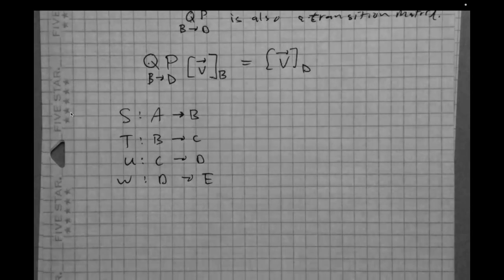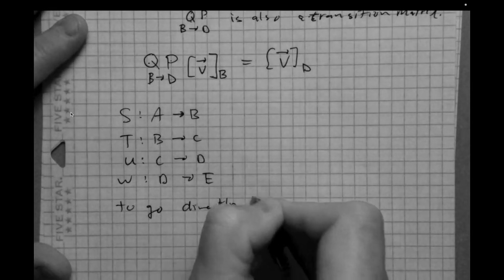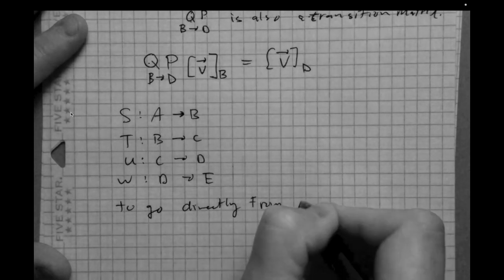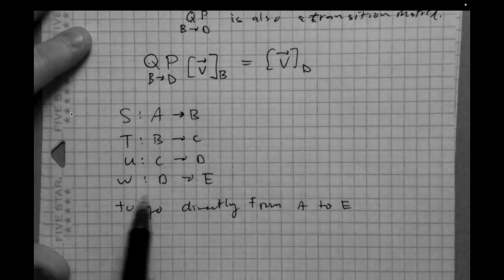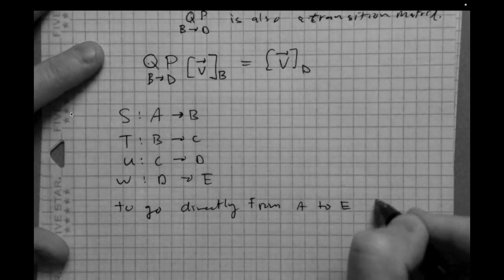So if I want to go directly from A to E, I can use a product of these matrices.